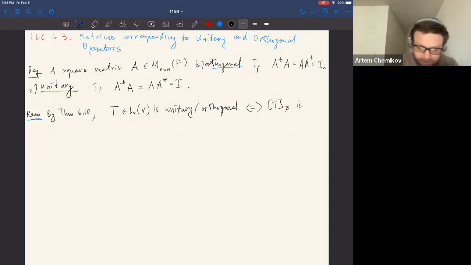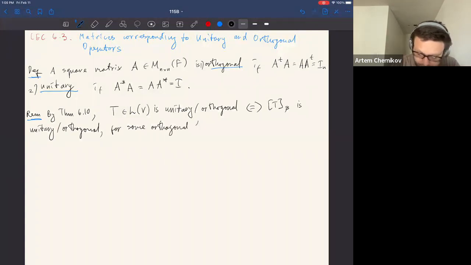So the matrix of T with respect to beta is unitary, respectively orthogonal, for some orthonormal basis beta for the inner product space V. Okay, should be orthonormal, excuse me, here.